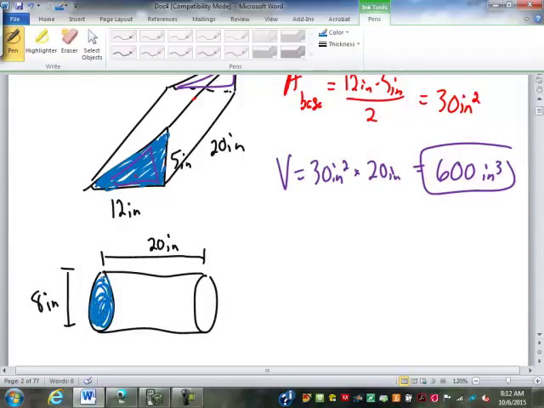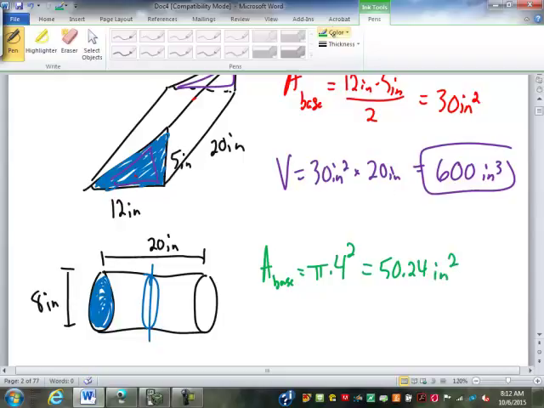The circle, because that circle is what pulls through the whole object. Or if I slice this, I'm still going to see a circle. That's my cross section. So the area of my base is going to be the area of that circle, which is going to be pi times 4 squared. Radius of 4 if it has a diameter of 8. So that's going to be 50.24 inches squared.